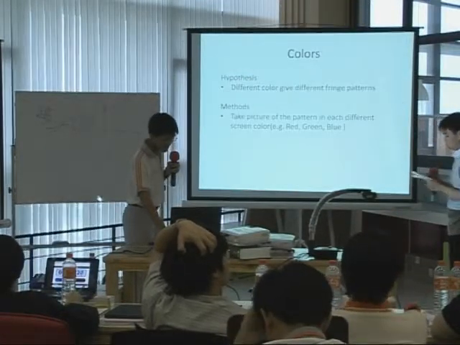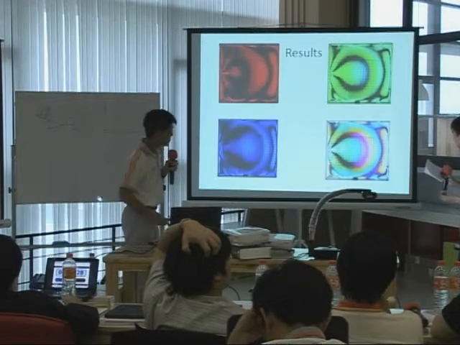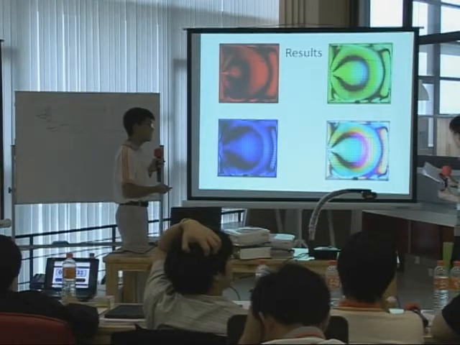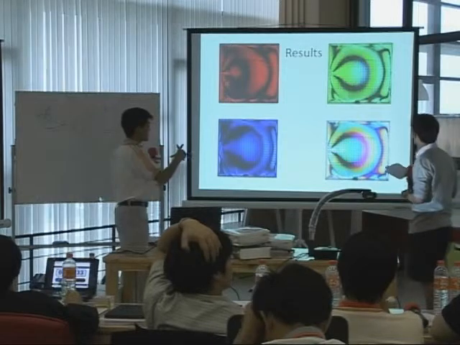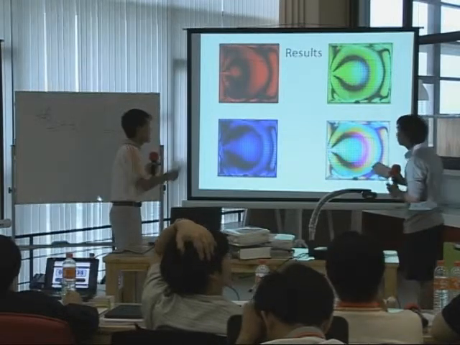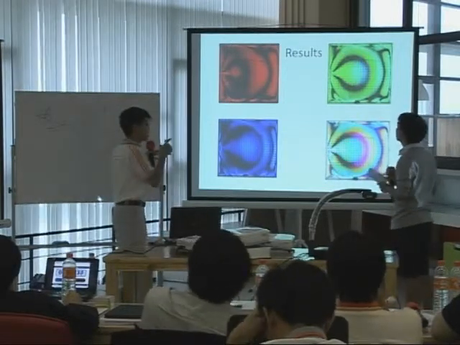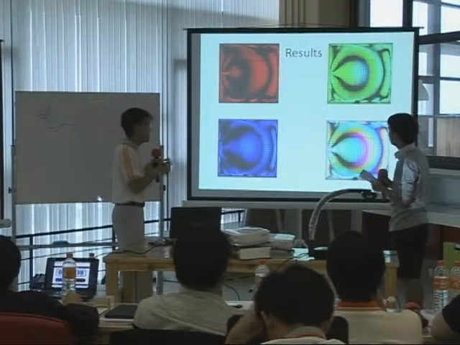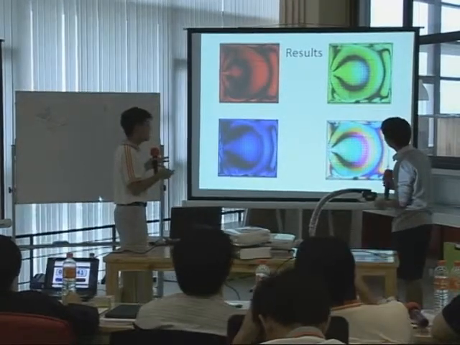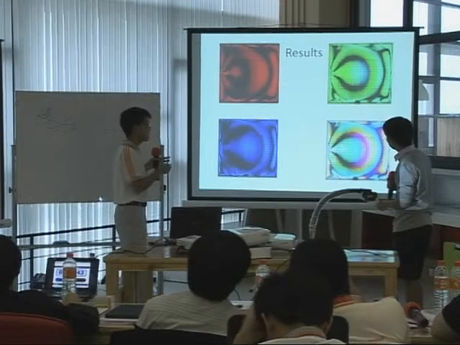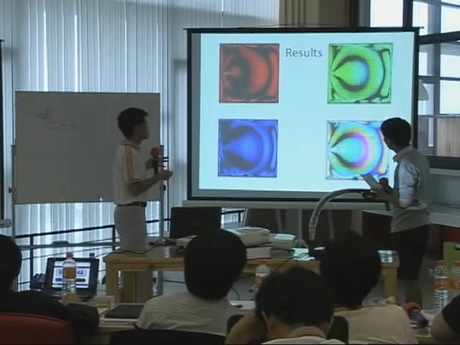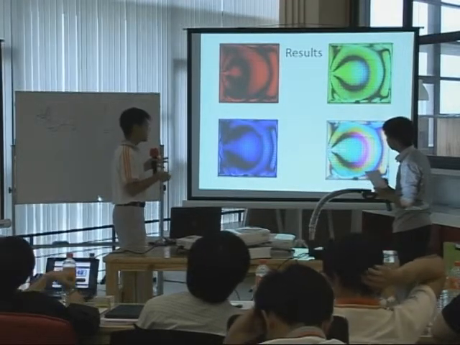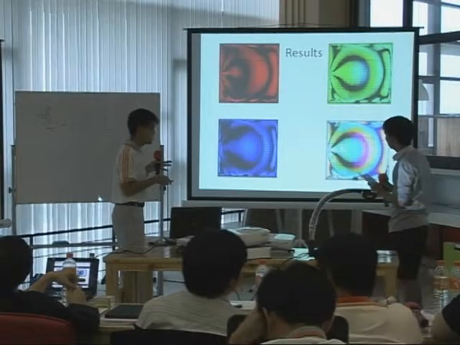The difference is that in this one I used the LCD screen as white and captured the pattern image. And in this one I used the LCD red and captured the image. This red is the same as the red, and the blue as the green and the red. So these are different pictures taken, but this is a single picture taken.